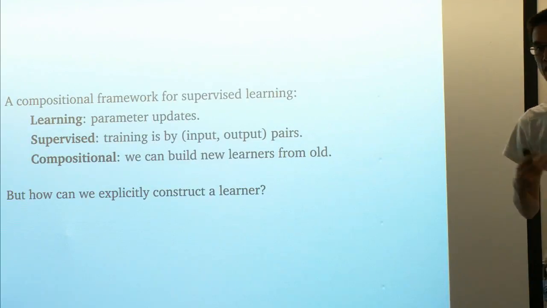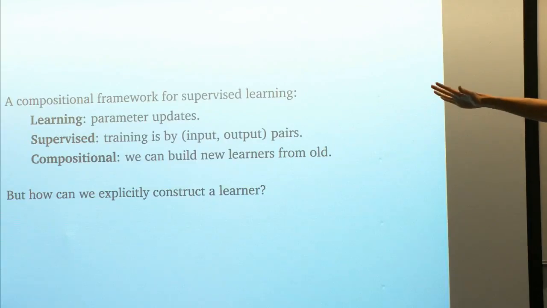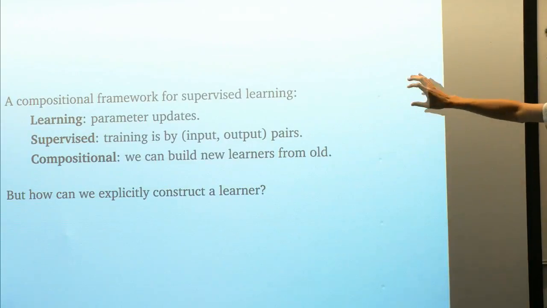So the question is, how can we explicitly construct a learner? So this is where neural nets come in. And the idea here is that instead of looking at all the data, let's just look at the first bit.